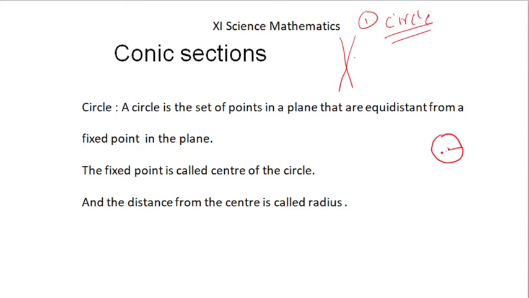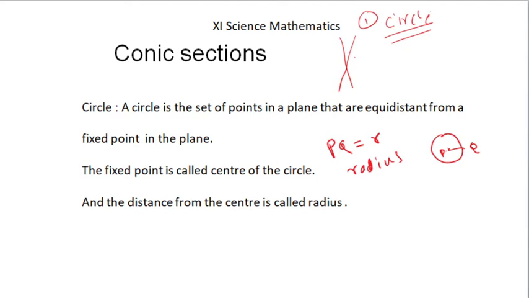Suppose the fixed point is P, and a point on the circle is Q. Then PQ is a constant distance, also called equidistance. This constant distance is called R, and this R is the radius of the circle.